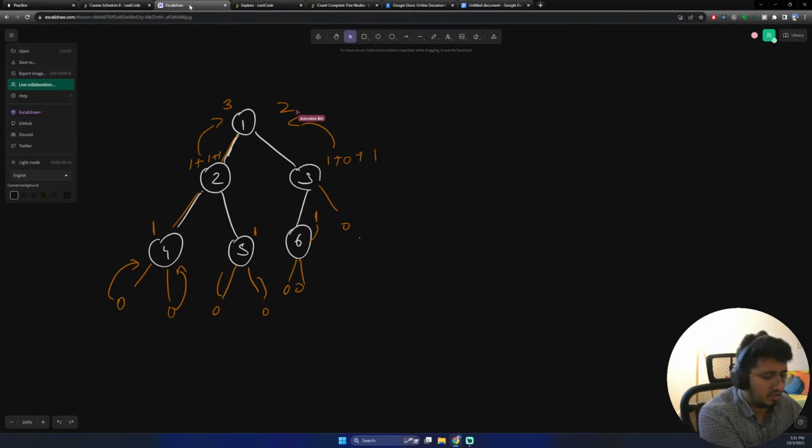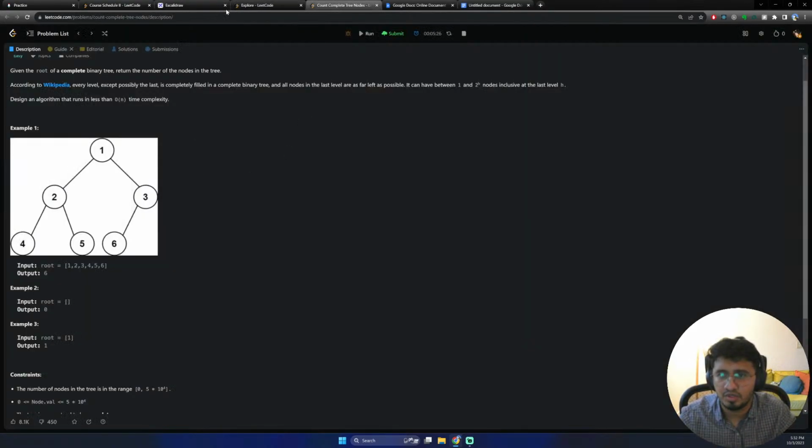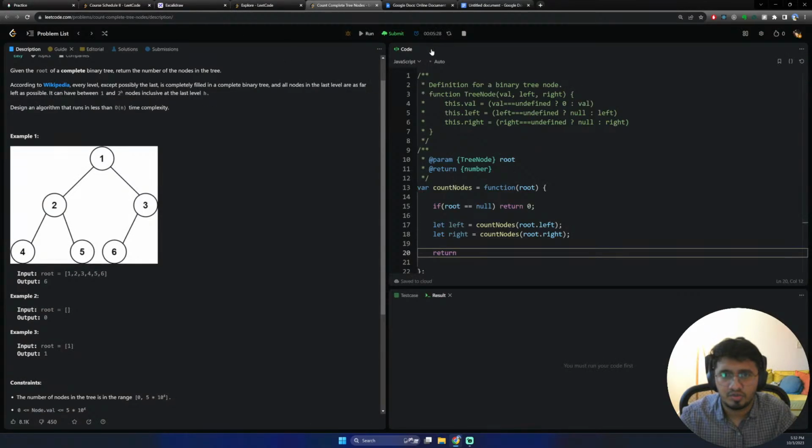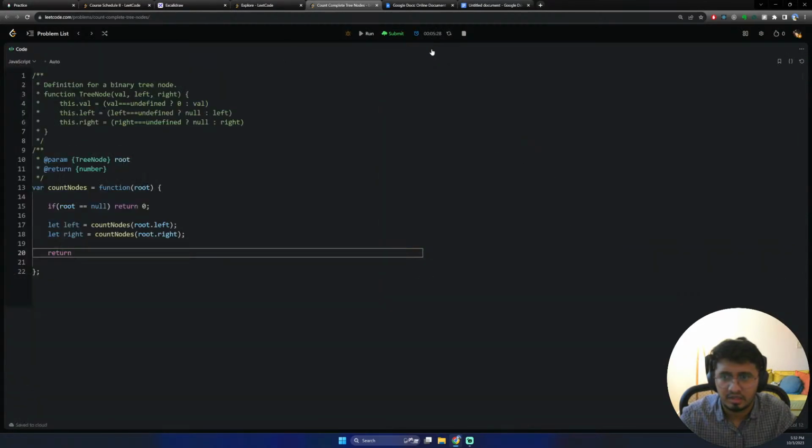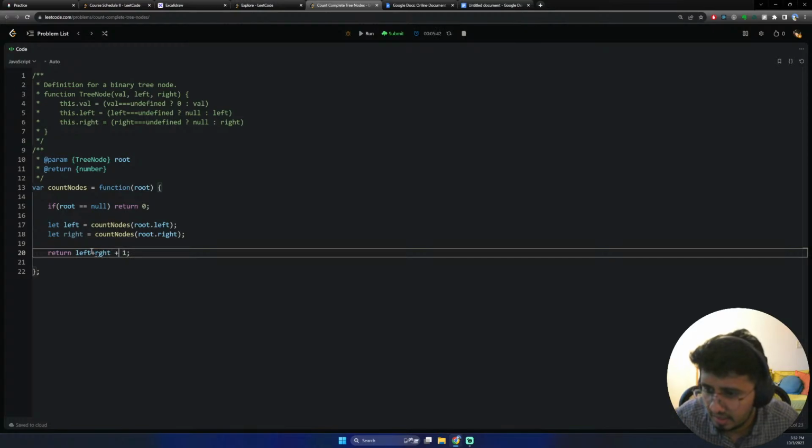Okay, got it. So at the end, we definitely have to add the left and right. We need to add left plus right plus 1, so that we return it.